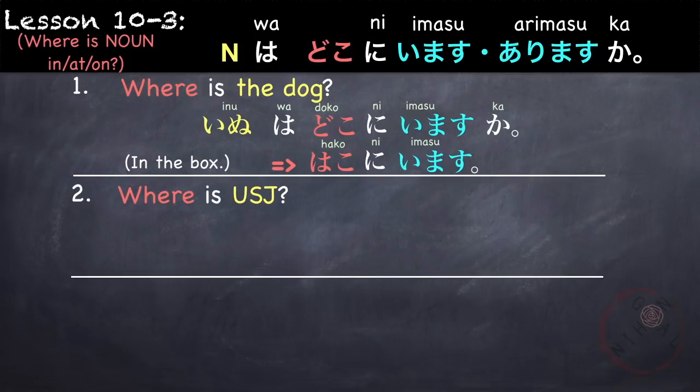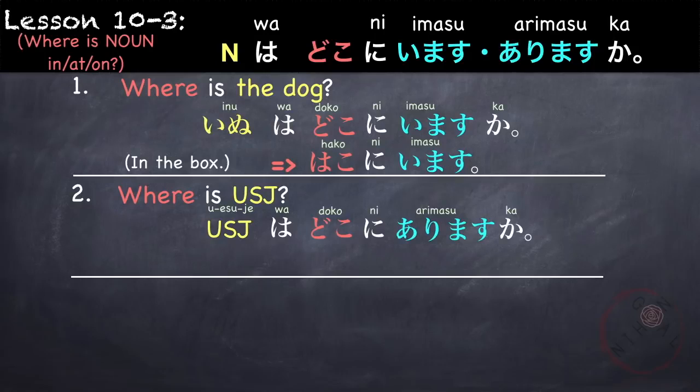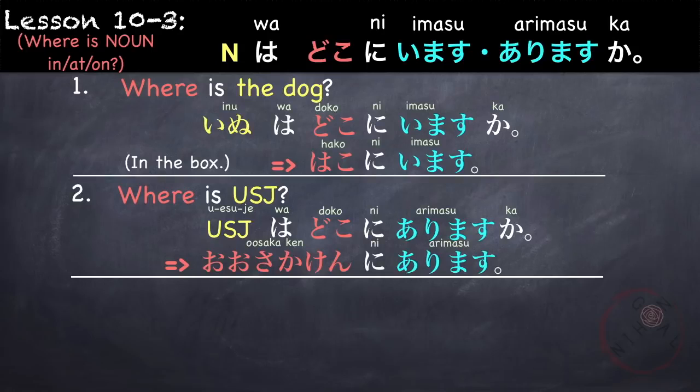Another example, where is USJ? USJ wa doko ni arimasu ka? Or USJ wa doko desu ka? If we want to say in Osaka, Osaka ken ni arimasu, or Osaka ken desu.